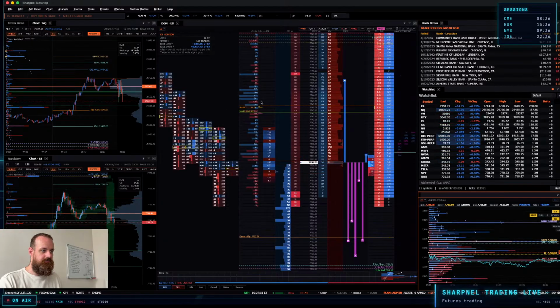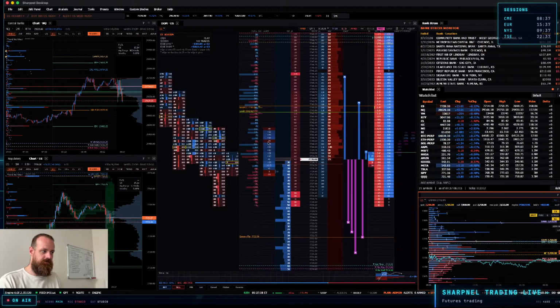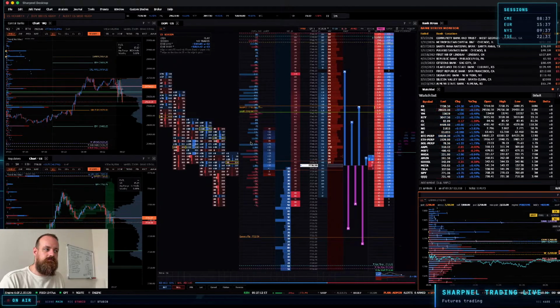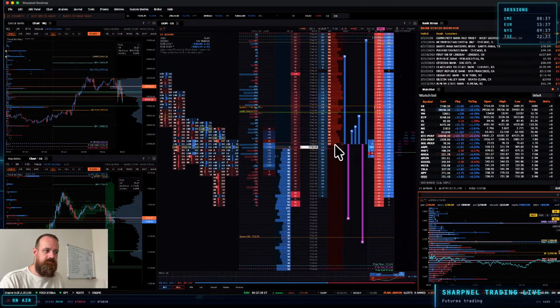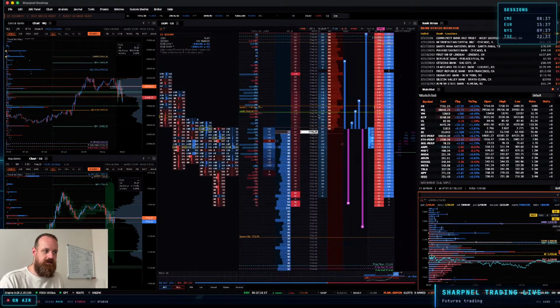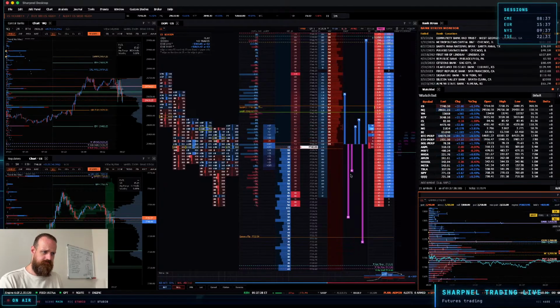And we can see the volume clusters right here, and also where we are trading right now. A lot of interest right here. Meanwhile, the Mag 7 is trying to pull up the price, and we can also see the reflection in ES straight away. So it's pulling the price up. Meanwhile, Google is going down, same with Microsoft and Nvidia.